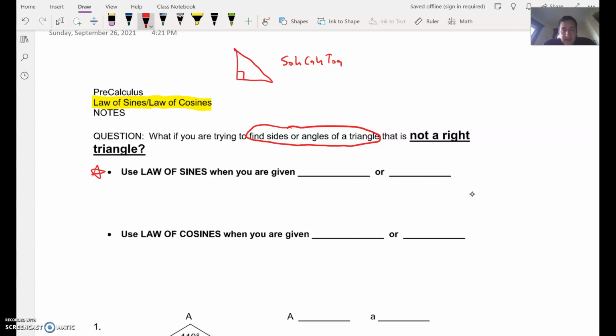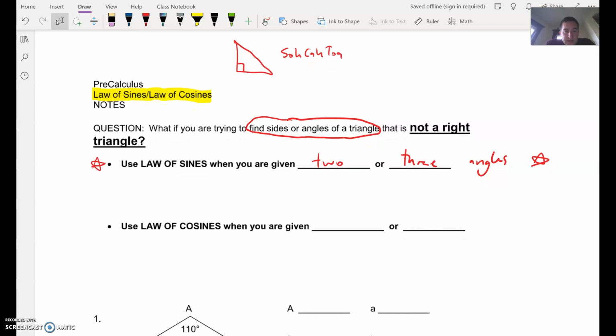You use the law of sines when you're given 2 angles or 3 angles. So if you see at least 2, which if you're given 2, you can then find the third. So honestly, if you see 2 angles of a triangle, law of sines is the best way to go. And the law of sines, if you forget, is a relationship that has 3 parts, but you interchange which ones you use depending on which side you're looking for.